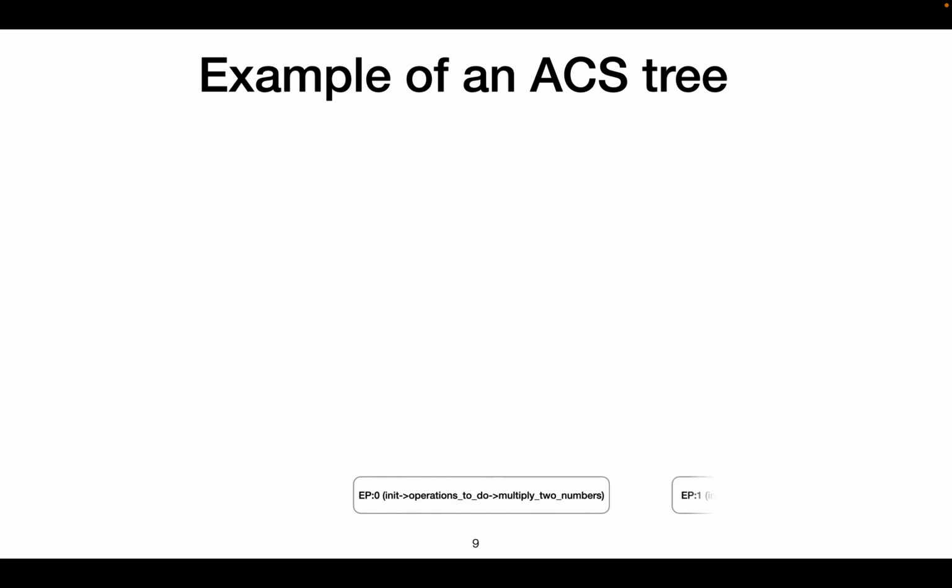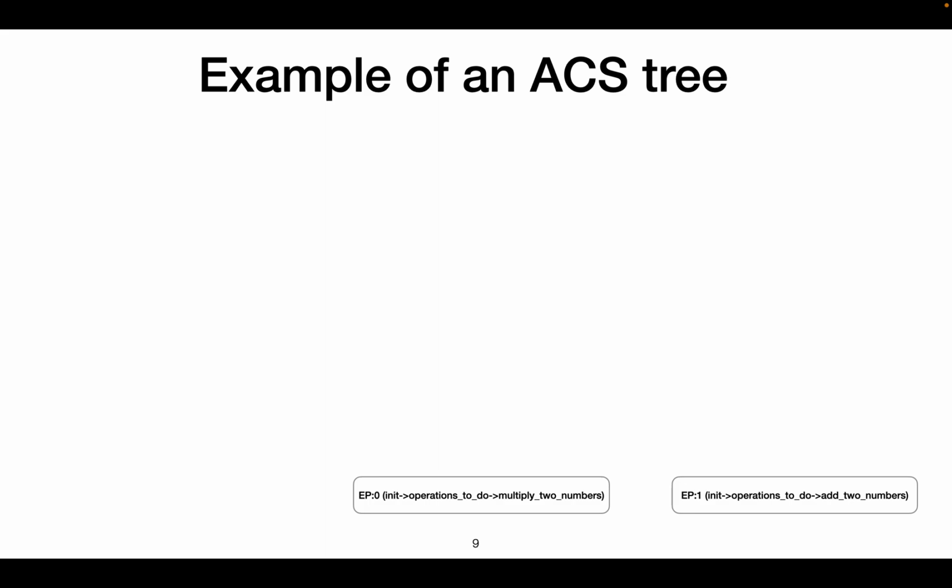So here we'll see an example of the ACS tree. We built a simple calculator program which has different operations: it takes input of two numbers, validates it, and decides which operation we want to do. So here we see two execution paths, EP0 and EP1.